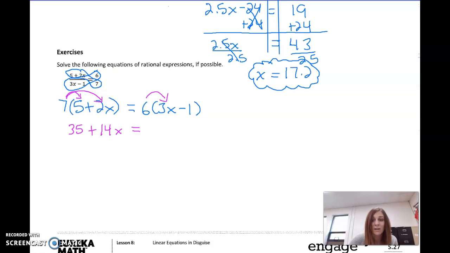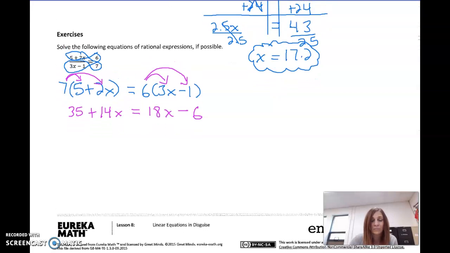6 times 3 is going to be 18x. Minus sign, 6 times 1 is 6. Now we've got to gather all our x terms up.